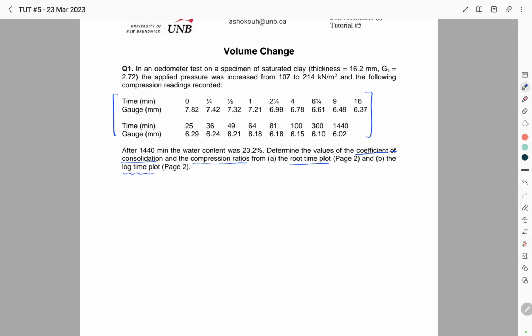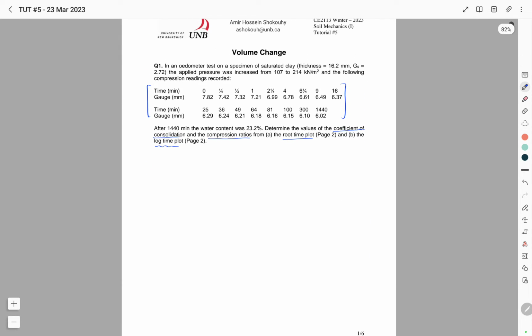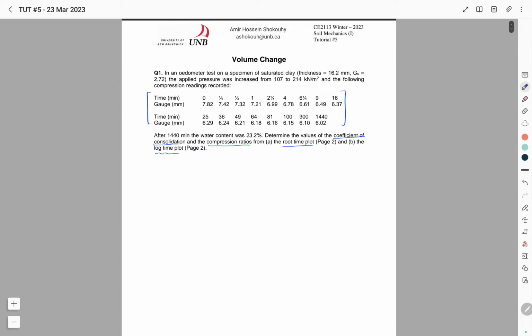However, in this question, these graphs are given to you, and the only thing that you need to do is determining the values that you need to calculate your coefficient of consolidation. Actually, you just need to know how to use the graphs. So I'm going to explain that, and we're going to start with the root time plot method.